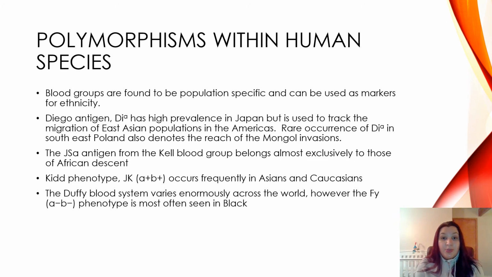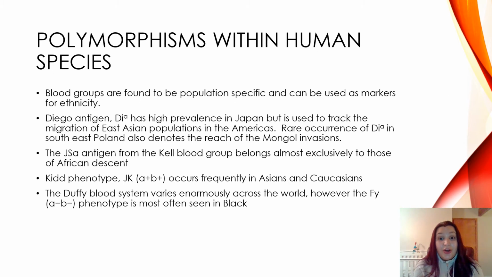So in doing this project, I was very interested to see why there are so many polymorphisms within the human species on the RBC. And as you can tell from looking at the previous chart, blood groups are found to be population specific and can be used as markers for ethnicity. Some examples of this are the Diego antigen that we went over in class. It has a high prevalence in the Japanese population, but it's also been used to track the migration of East Asian populations to the Americas.